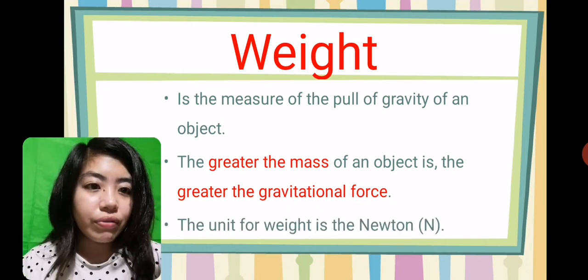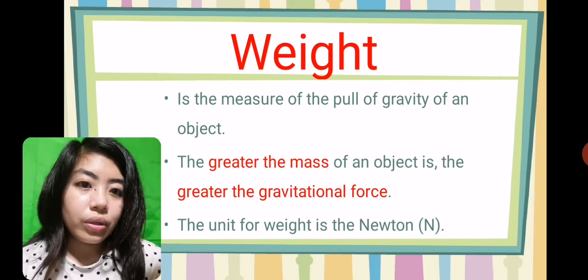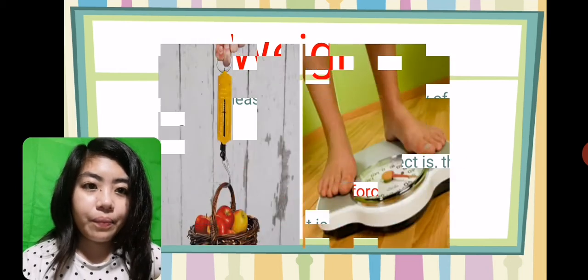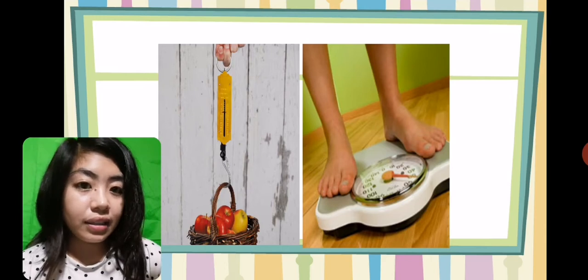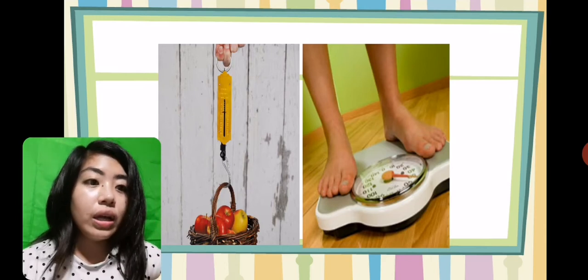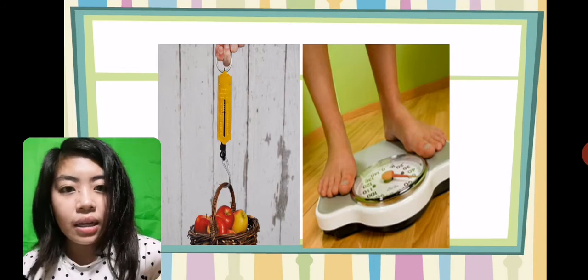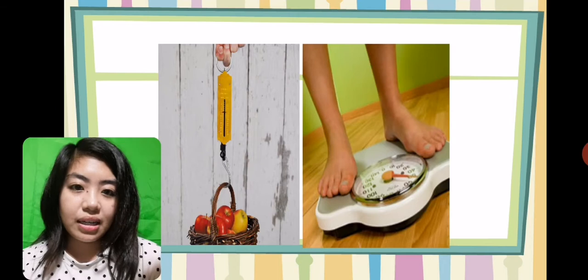So, the unit for weight is Newton, or we have the symbol na letter N. So, this is the instrument na pwede nating magamit in order to find weight. So, we have here the weighing scale, yung mga weighing scale that can be found dun sa mga market, sa mga pang-kilo.